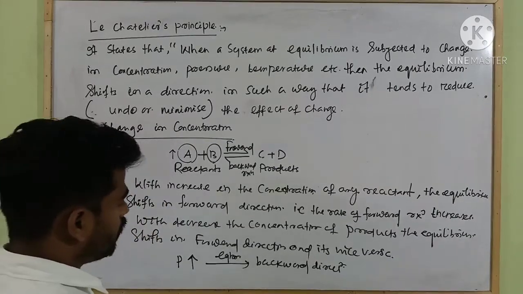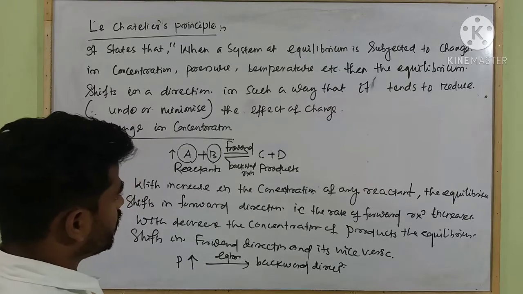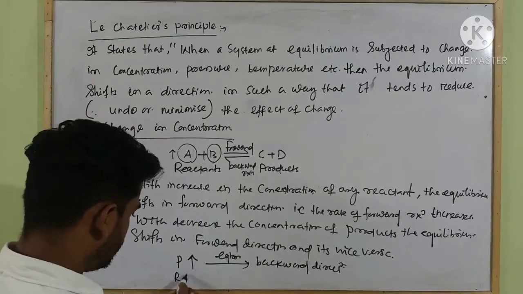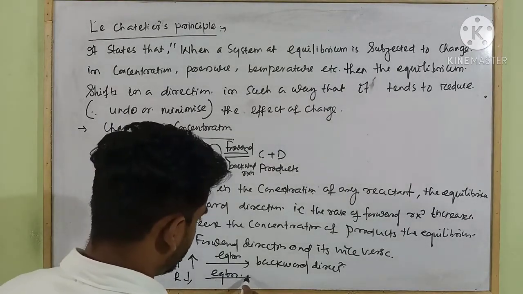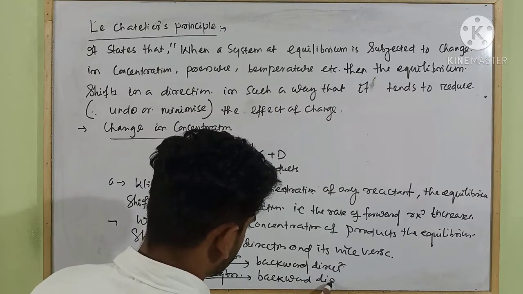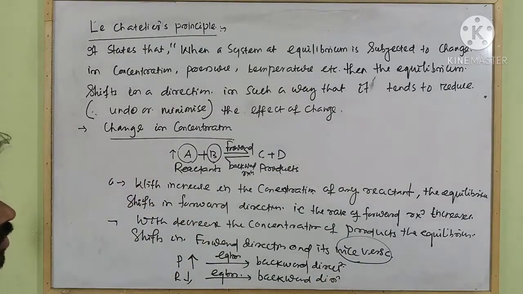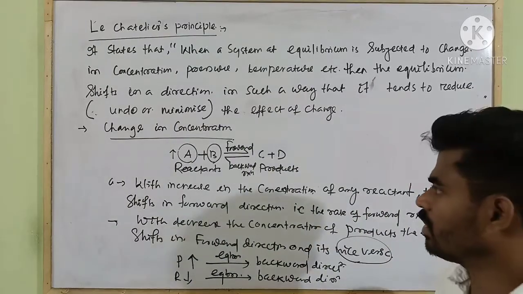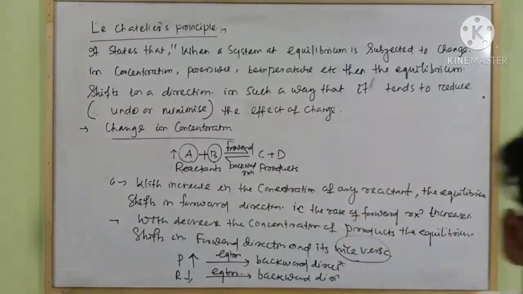In other words, if you decrease the concentration of reactant, the equilibrium also shifts in the backward direction. That is the meaning of this vice versa, opposite. Very easy. So this is the effect of concentration. If I consider the formation of ammonia, let's say the formation of ammonia. Let me vanish it first.